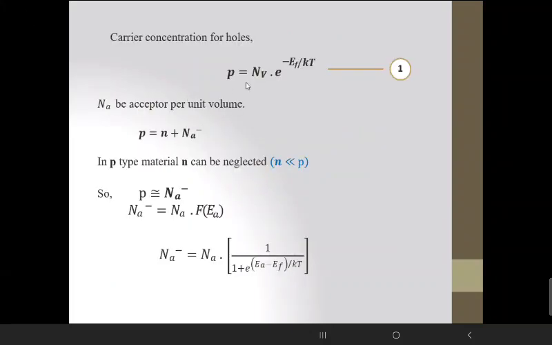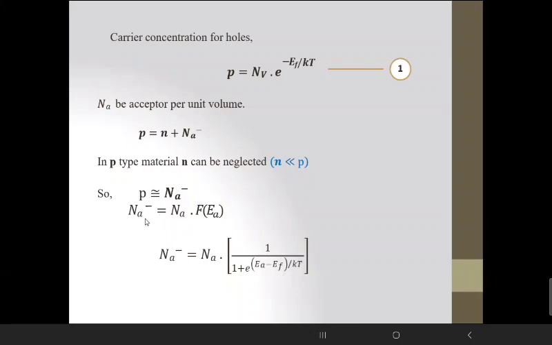So the carrier concentration P is equal to Nv into exponential of minus EF over KT, with Na being the acceptors per unit volume. Here N can be neglected because it is a P-type semiconductor at low temperature, and it is very, very small. So P is equal to Na minus.